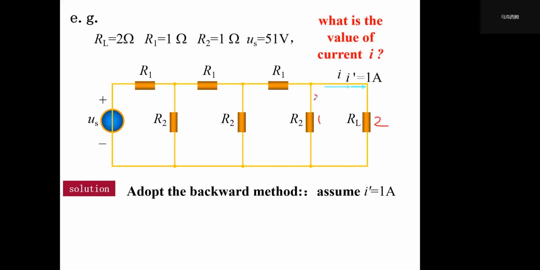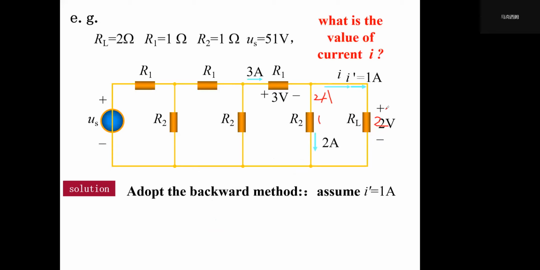So it must contain 2 ampere, right? And we also know that R1 goes through 3 ampere, right?